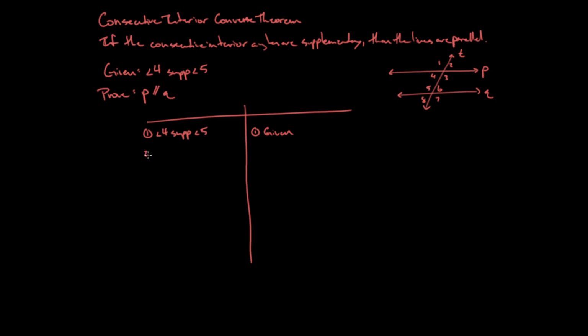Step number 2 will be to talk about 1 and 4. I want to say they're supplementary, but before I do that, I need to say that they're a linear pair.